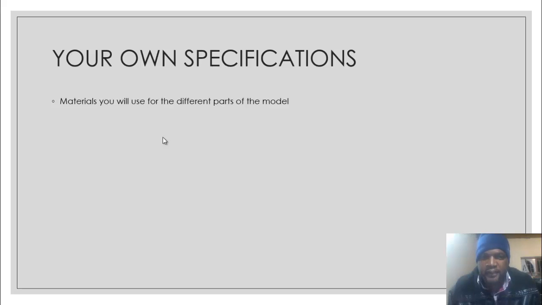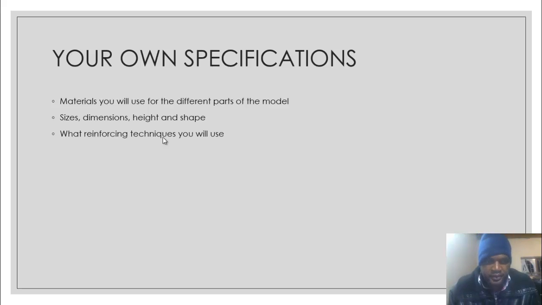You can use wire, all that. And then sizes and dimensions, height and shape. Basically this is a model depending on the materials you are going to get. So you want to keep it to that, right? And then weight and reinforcing techniques, what are you going to use?